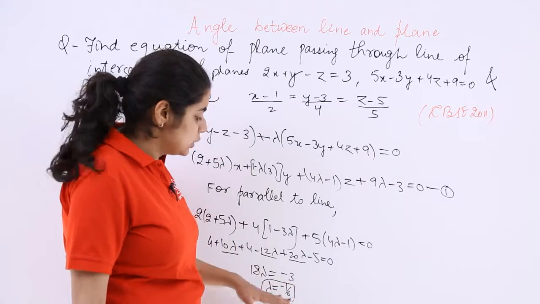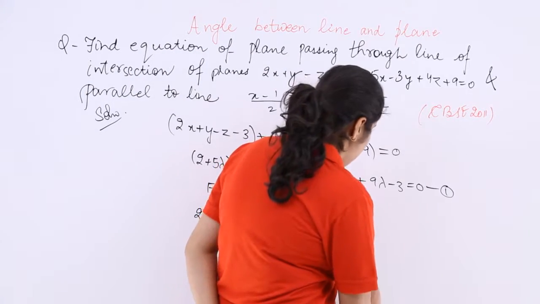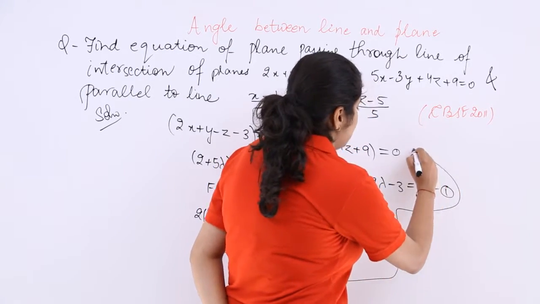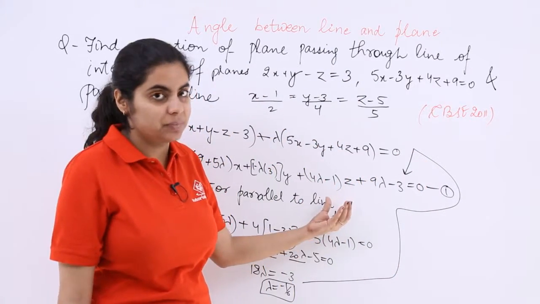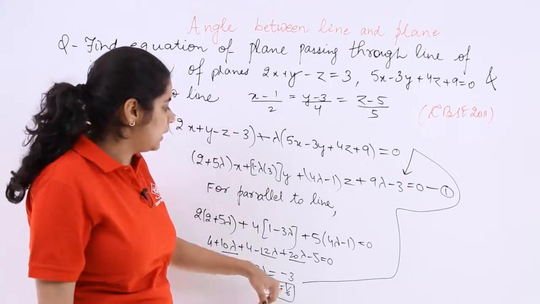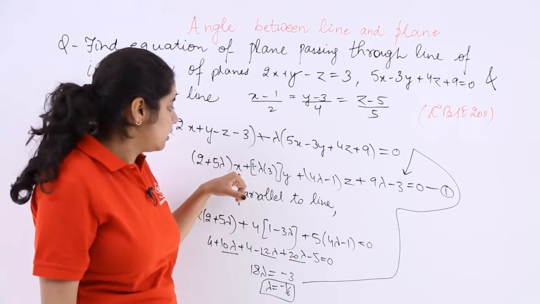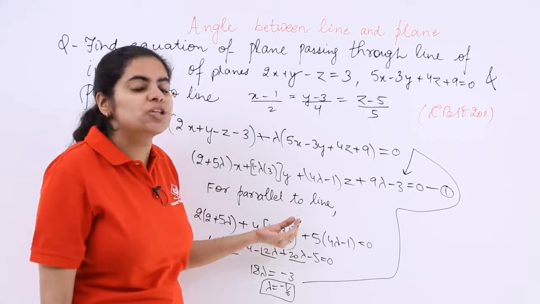So when lambda is known to us as minus 1 upon 6, let's put this value of lambda in this equation. And this will give me the final answer. Now see, 2 plus 5 multiplied by minus 1 by 6, x, and so on we will do. So what is the final equation? Let's see.